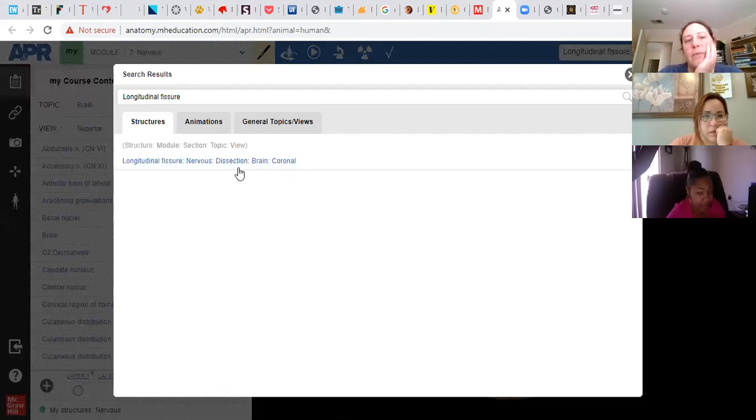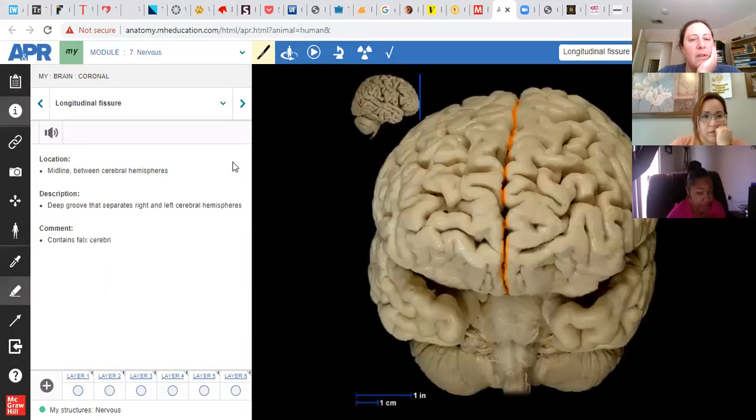It's being slow. Okay, I didn't see it on there, so I looked for it, and now it's giving me the view, which is this first coronal view, and saying, look, there it is right there. It's literally the separation between the right and left hemispheres. So that's the other thing, you can search for structures as you go if you're not finding them. Again, it's going to give you the views that they're labeled on, and those are going to be the views that I use.